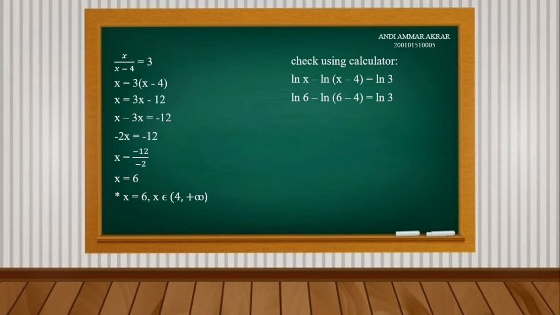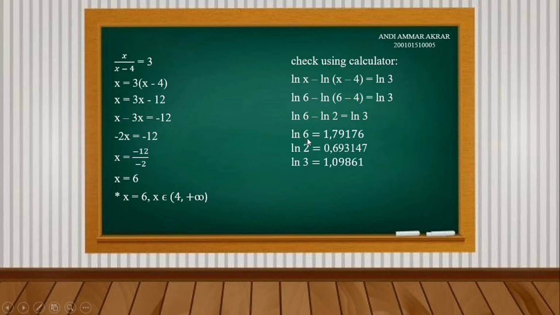Then we can simplify, subtracting 6 and 4, so we have ln 6 minus ln 2 equals ln 3. When we find the values of ln 6, ln 2, and ln 3 on a calculator, we will get values like this.